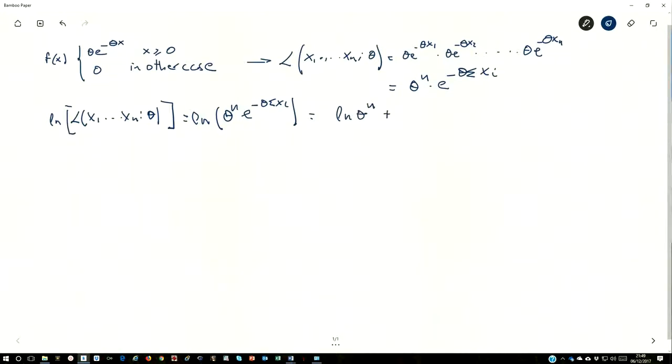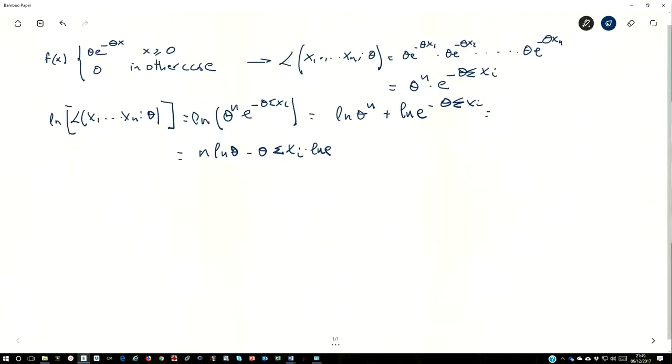You can differentiate this expression directly, but I recommend you apply the logarithm to this function. If we apply logs, we reach the Neperian logarithm of theta to the power of n plus the Neperian logarithm of e to the power of minus theta times the summation of x sub i.